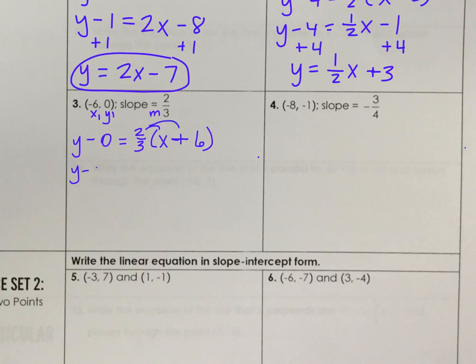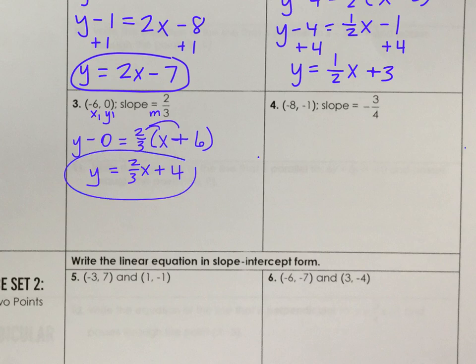Distribute: y minus 0 equals 2/3 x plus 4. 2 over 3 times 6 is 4. Now, this just is minus 0. Well, we don't have to minus anything, so I'm just going to take that away. So y equals 2 over 3x plus 4.